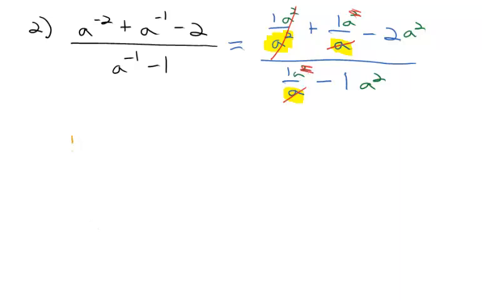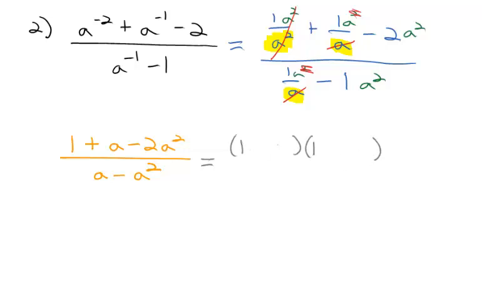And so now the problem is 1 plus 1a minus 2a squared all over a minus a squared. Now that we've gotten rid of the compound fraction bit of things, we can look at how we can simplify this expression by factoring.